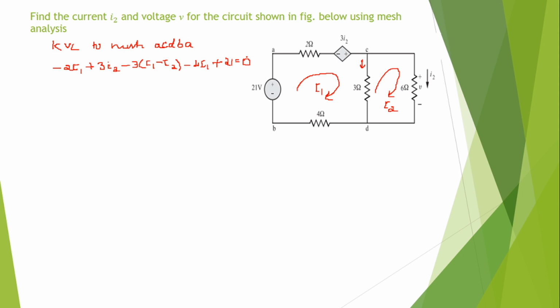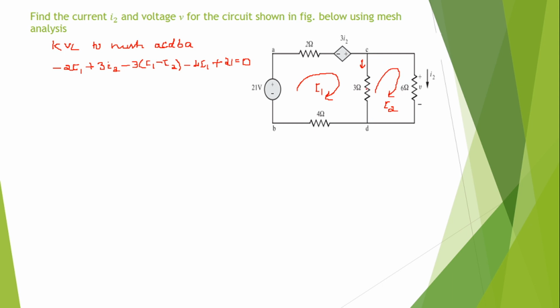Right? Now here there is a small i2 and a capital I2. Small i2 is a dependent variable. So what is the relation between this dependent variable and the mesh currents? The dependent variable i2 is the current flowing through the 6 ohm from C to D. Which mesh current flows through the 6 ohm from C to D?